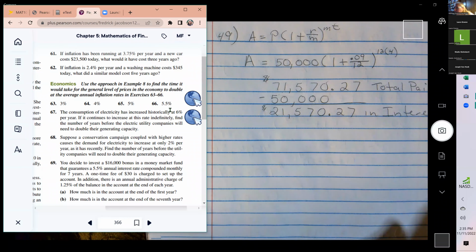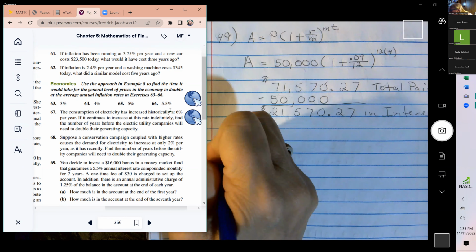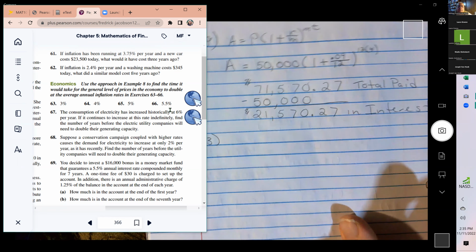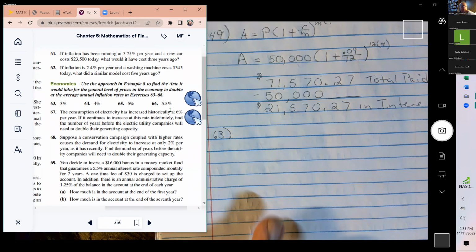Okay, number 63. Use the approach from example 8 to find the time it would take for the general level of prices in the economy to double at the average annual inflation rate. So this is saying it's compounded annually.